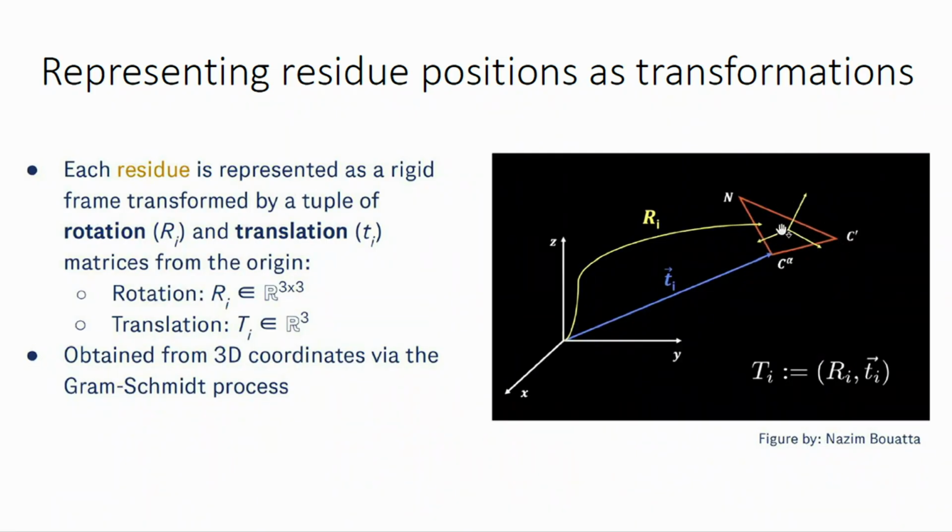Therefore, we can contrast this local system to another local system, right? For example, this can be some global origin, where you can have a global translation and rotation. But at the same time, if you have two different frames, you can also compute the relative orientation and displacement given the two local systems, or local frames. So I hope that this is the important part that keeps the equivariance.